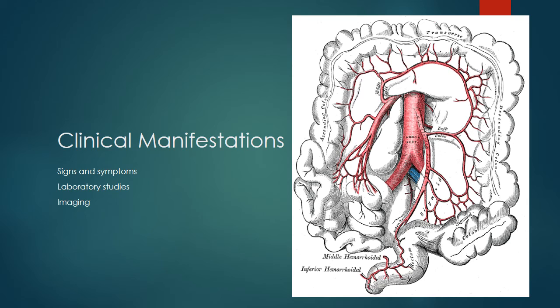This is then followed by the paralytic phase, where the pain diminishes in quality, but it usually becomes more continuous and diffuse. The abdomen itself is much more tender and distended, and there's a loss of the bowel sounds.